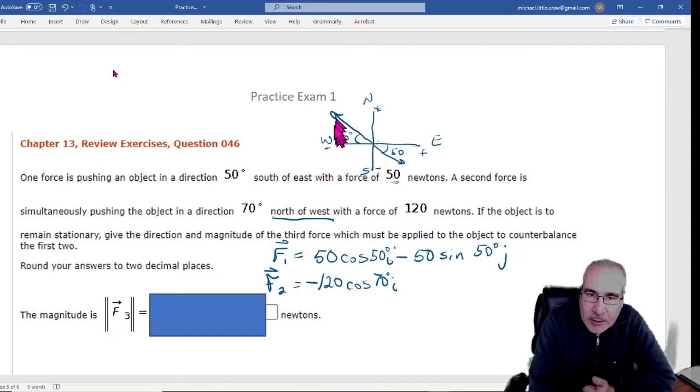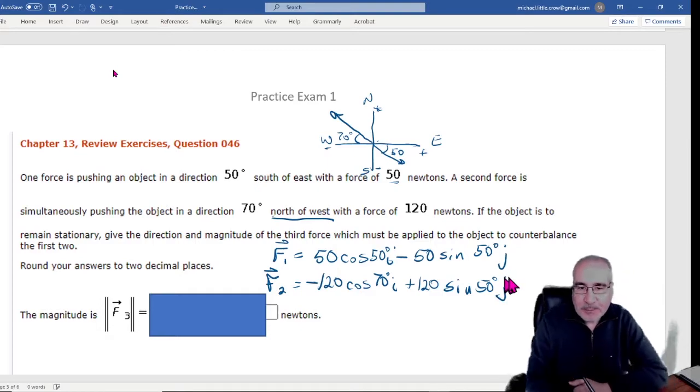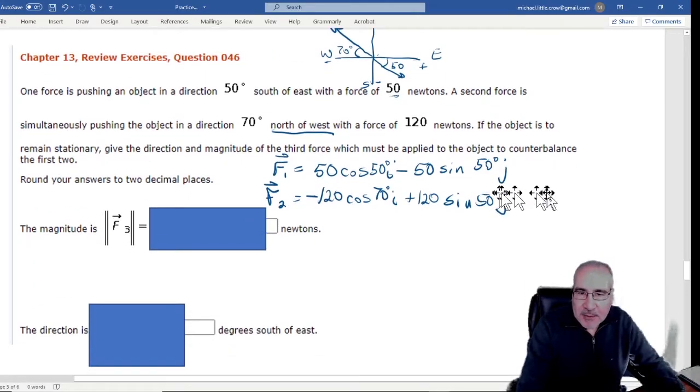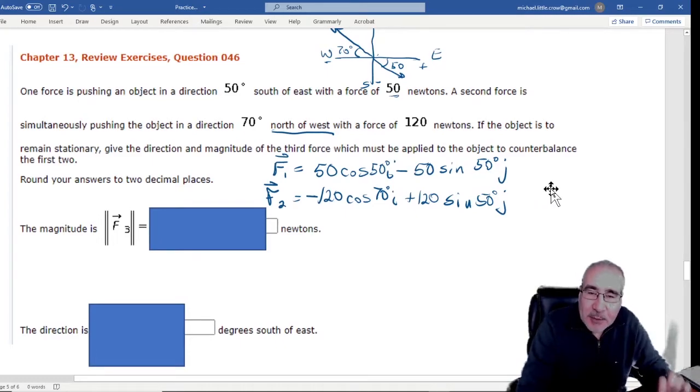And the y component is positive. It's going in the positive direction, so that will be a plus 120 sine of 70 degrees j. That's really, I don't know if it's the hardest part, but it's the most important part. You've got to get it set up correctly, right?